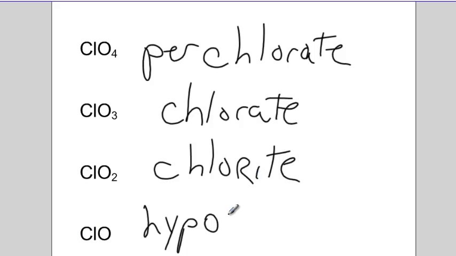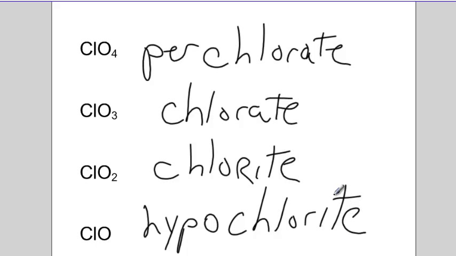So this is hypochlorite. Not every polyatomic has all four in the series, but there's a lot where if you know the ATE, one less oxygen is the ITE. There's a lot with that combination.